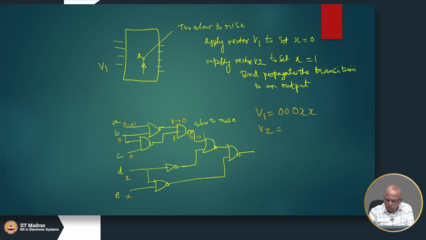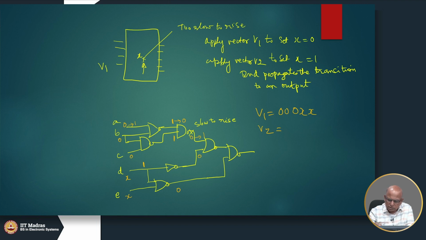And we have to allow this transition to propagate, so we have to put a 0 here. That means we have to put a 1 here. That means this will be a 0. Oh, unfortunately, we will not be able to test. See, this became 0. This became 1. So this won't work.